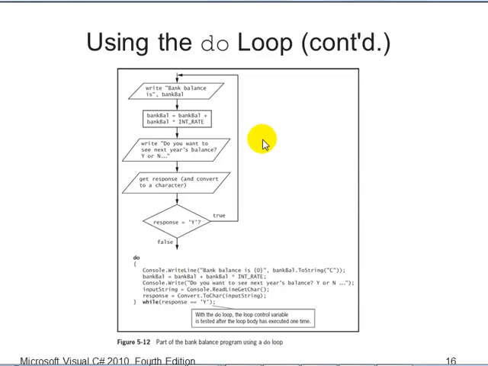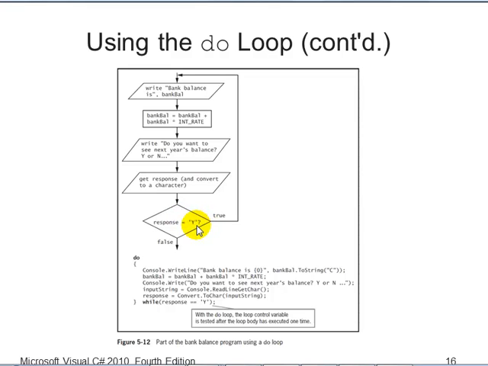So here's an example. This is part of the loop body. Several statements here, similar to that bank balance example before, where you come into this from some other part of code perhaps. You'll start your do loop. You'll write something, increment your bank balance, you'll write another question, you'll get the response, and then you'll test.